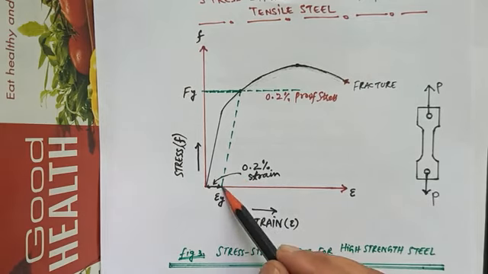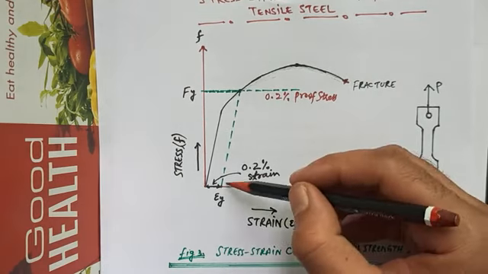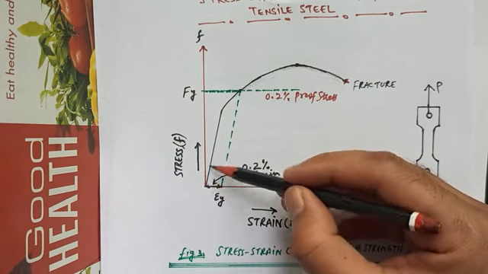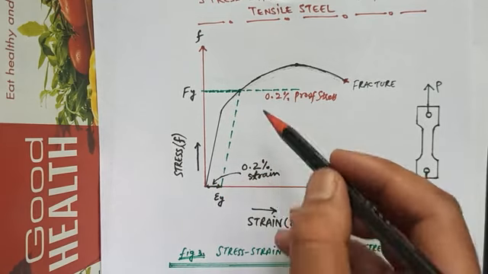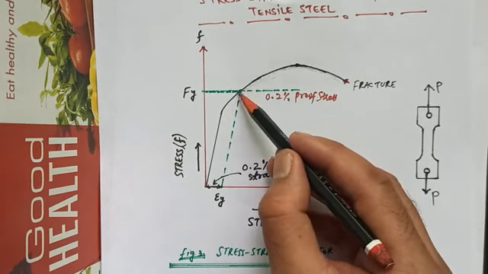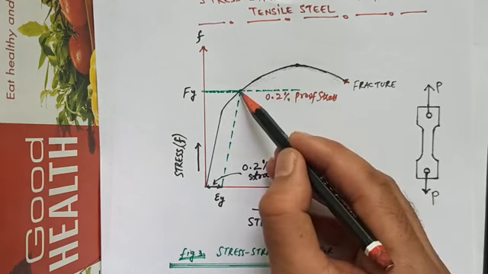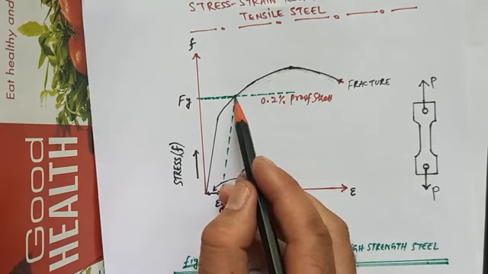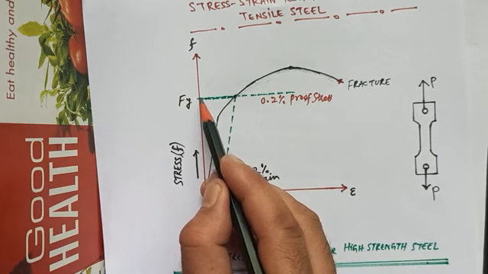That is, at an offset strain of 0.2%, we draw a line parallel to the elastic portion of the stress strain diagram, and the point where it meets the stress strain diagram marks the yield stress for that type of tensile steel.